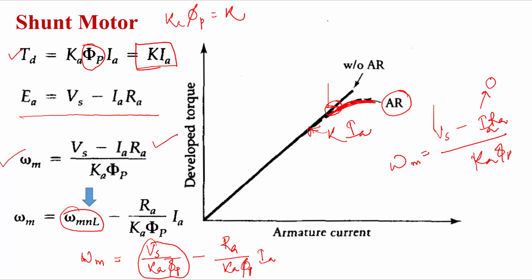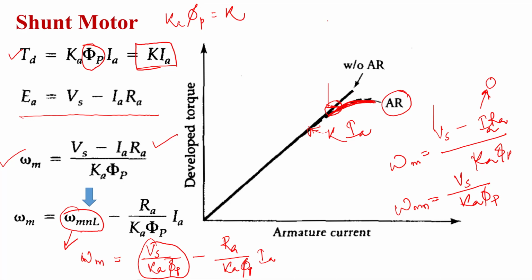Almost, it is negligible because it will supply only the no load losses, right? So it is negligible, therefore we can consider it as 0. So under no load condition, your no load speed will become Vs by K phi p. So instead of Vs by K phi p, I can write omega m NL, that is speed under no load condition, right? So therefore your omega m is equal to omega m NL minus Ra by K phi p into Ia. So omega NL here is a constant, right?